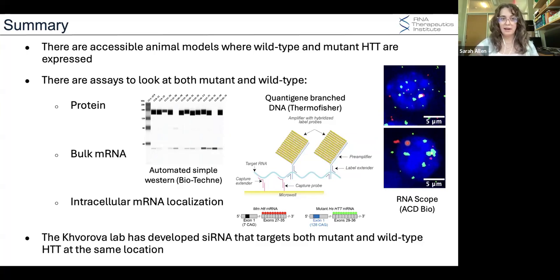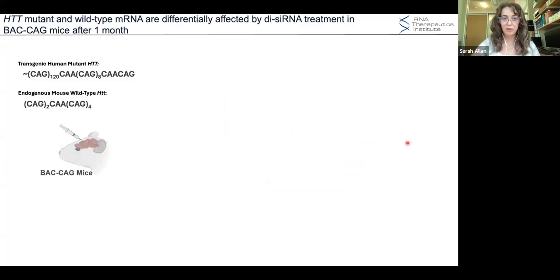And as shown previously, we've developed an siRNA that targets both mutant and wild-type Huntingtin at the same location. So using these tools, we can look at the impact of Huntingtin lowering on the protein, mRNA, and mRNA localization of both wild-type mouse Huntingtin and mutant human Huntingtin within these models.